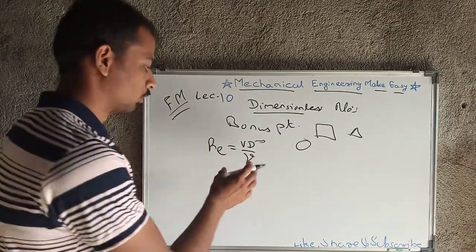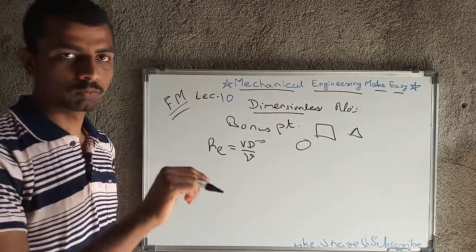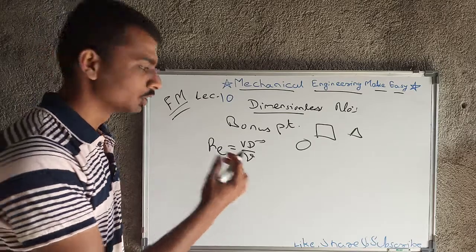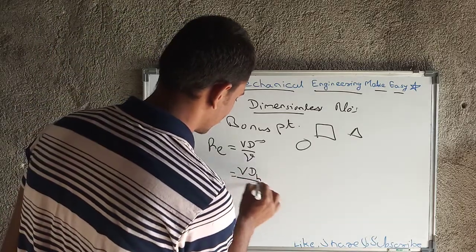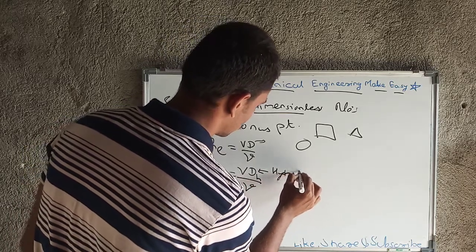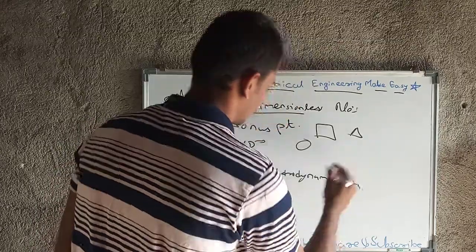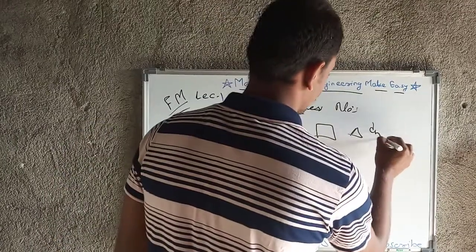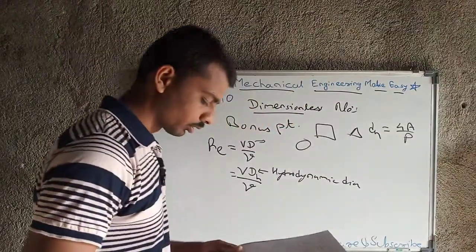So what will happen if there is flow through a pipe that is not circular? In that case we will replace d by dh, that is hydrodynamic diameter, and dh is nothing but 4 times area upon perimeter.